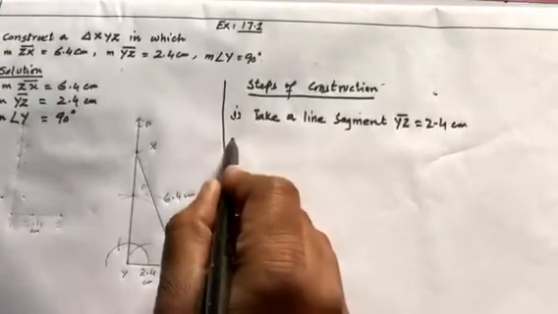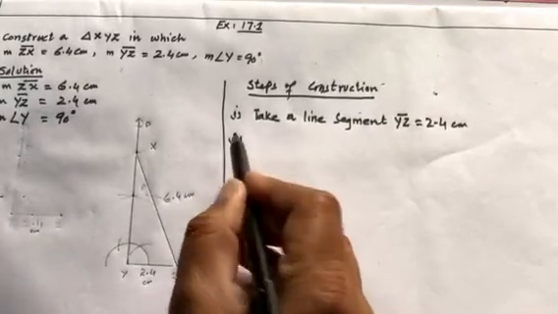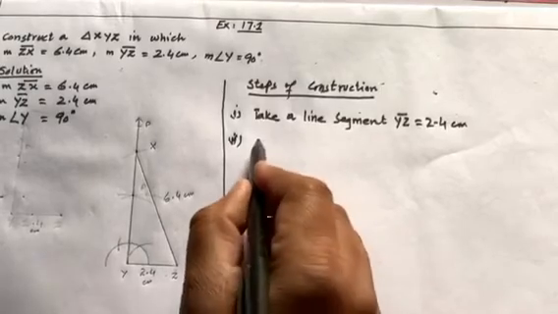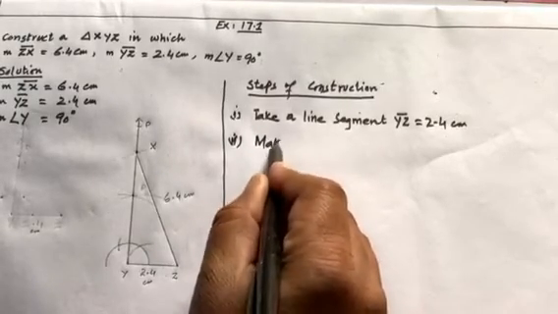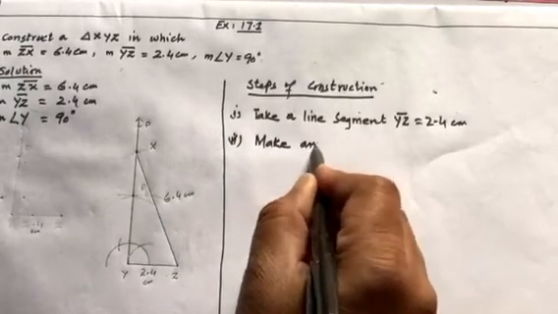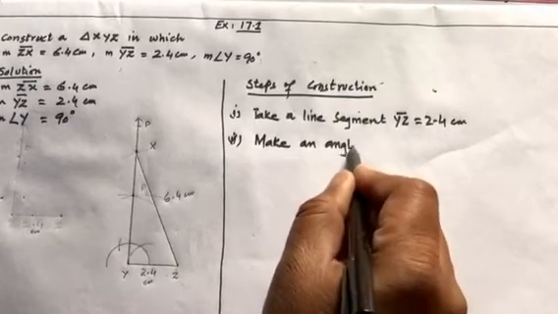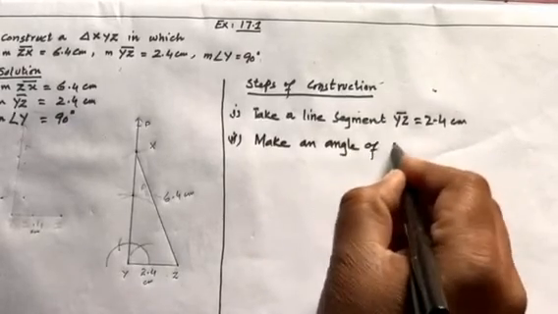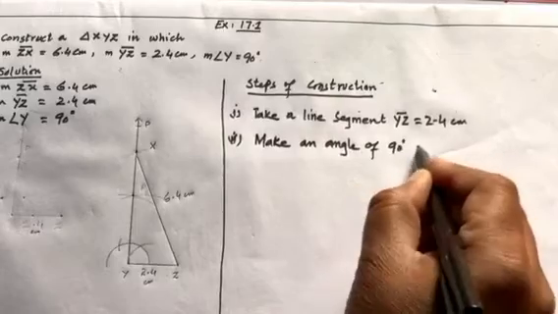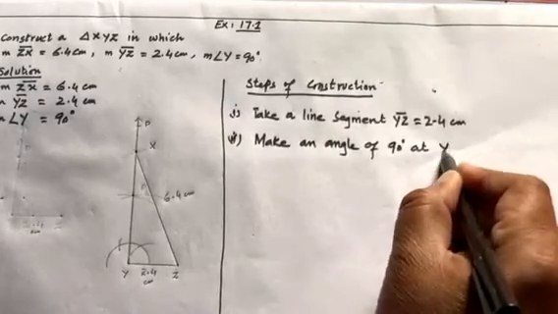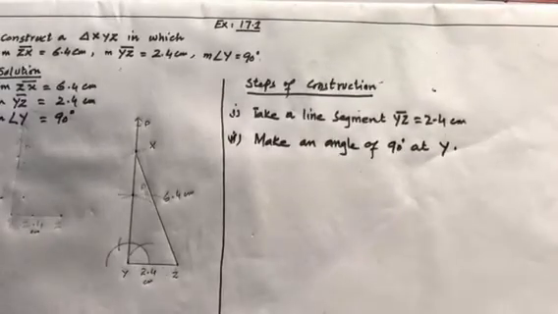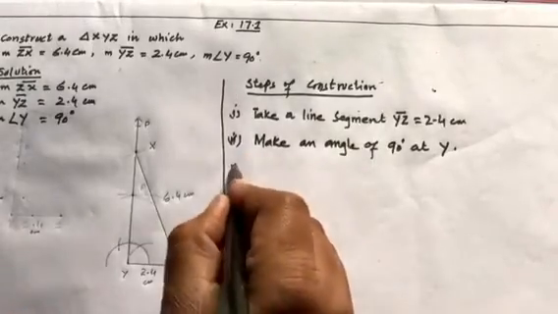The second step is: make an angle of 90 degrees at point Y.